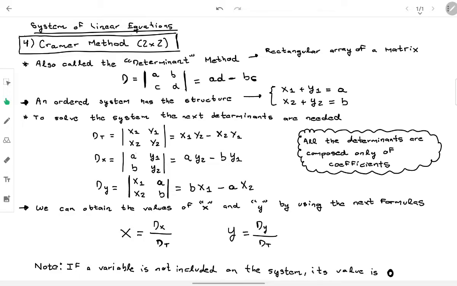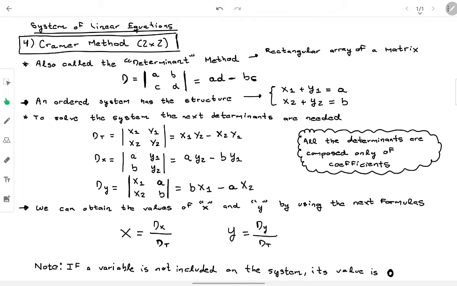If you check the determinant of x and determinant of y, the only thing that changes is that in determinant of x, instead of putting the values of x, we will put the value that is after the equal sign. And in determinant of y, it's the same. Instead of the values of y, we put the exact values that we have after the equal sign.